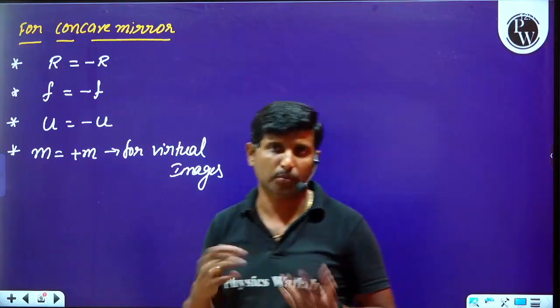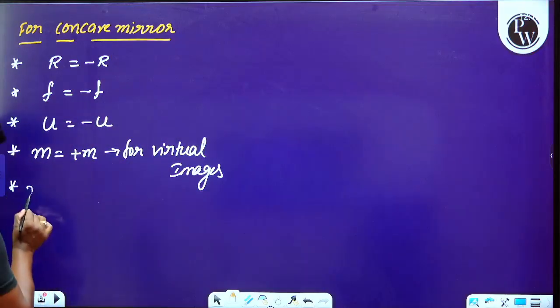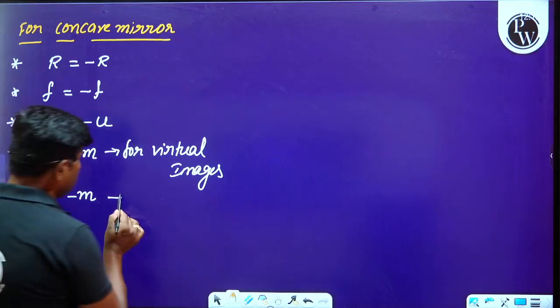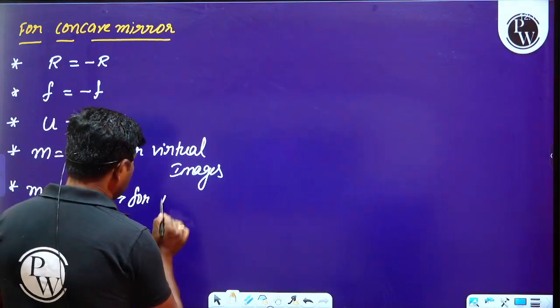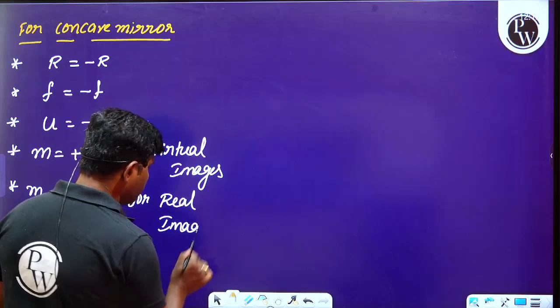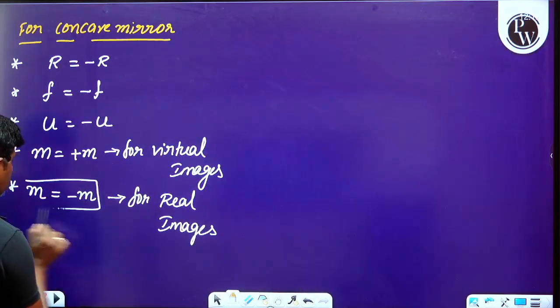So magnification is plus m for virtual images, and magnification is minus m for real images. Please take care of these points clearly without fail.